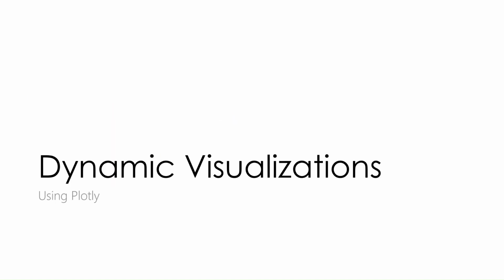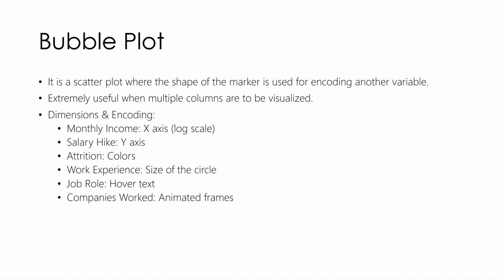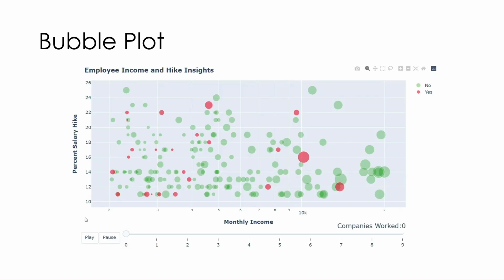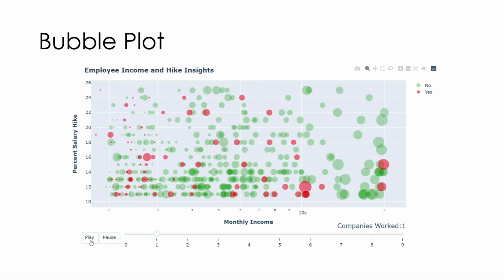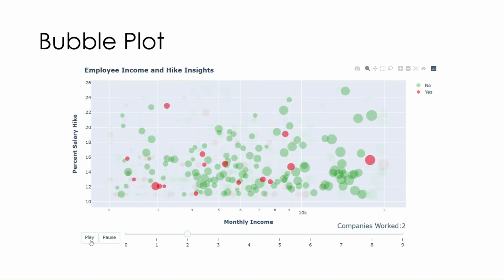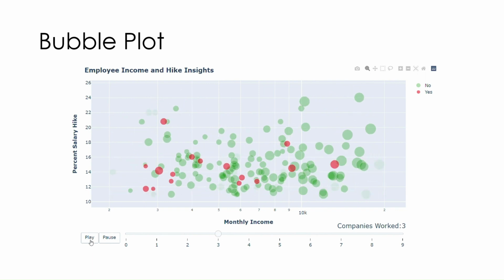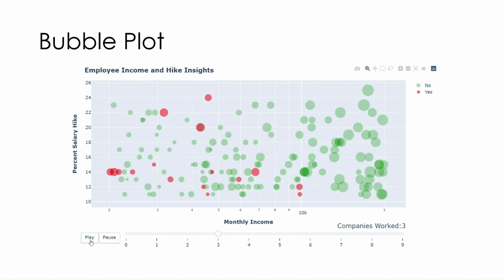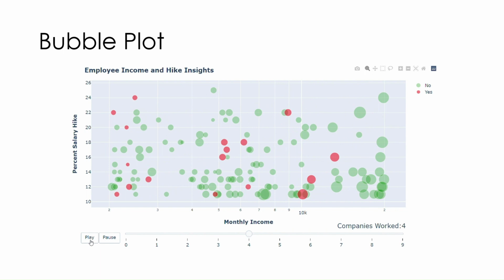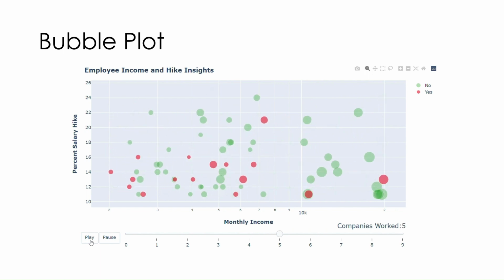Dynamic visualizations have also been created in this project. The first one is the bubble plot. It is a scatter plot where the shape of the marker is used for denoting the size of the marker is then used for denoting another column. Here, the dimension used scale, which is log scaled on x-axis, which is the monthly income, the person salary hike on y-axis.